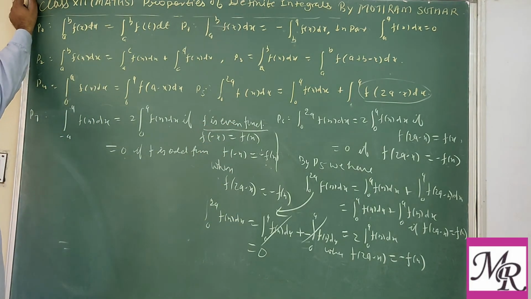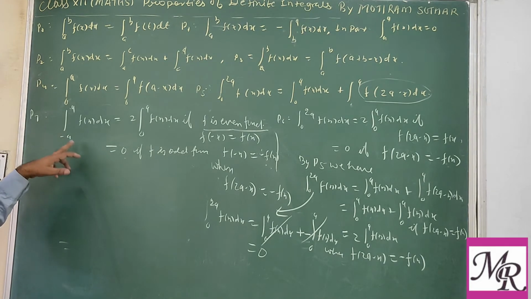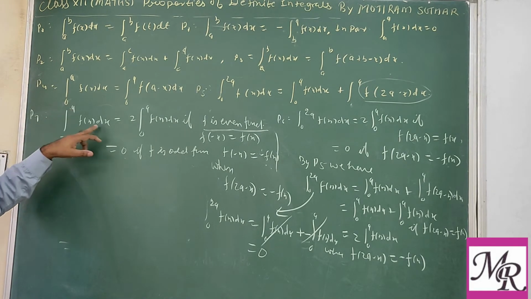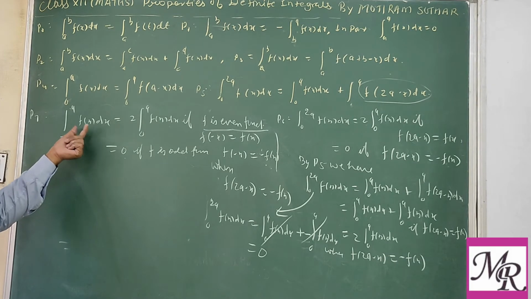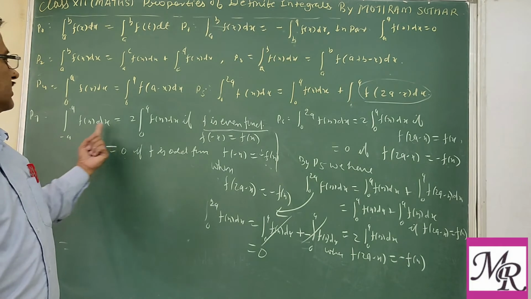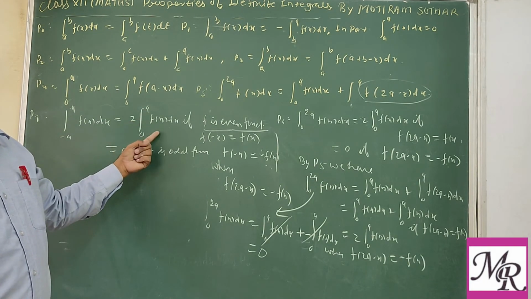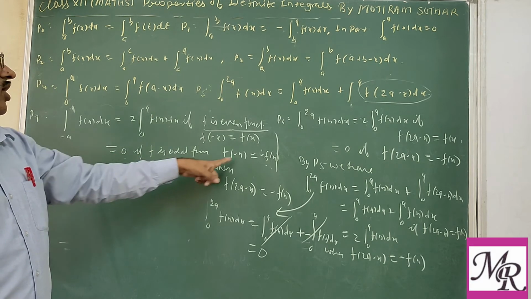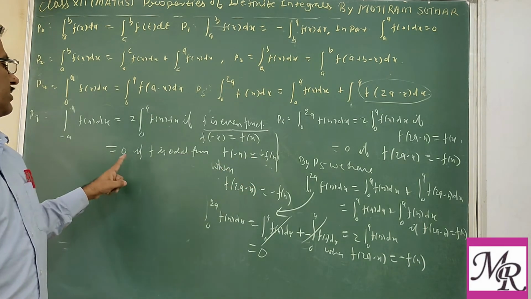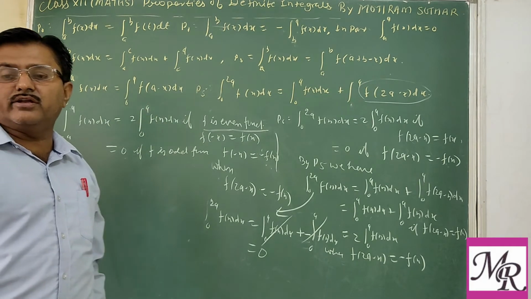Clear? So for this 7th property, you have to check, if the limit is given from minus a to a of f(x) dx, then you have to check f(x). If the given function is even, then this integral can be rewritten as twice the integral from 0 to a of f(x) dx. Or if it is odd, then one may write directly 0. So there is no need to solve the definite integral.